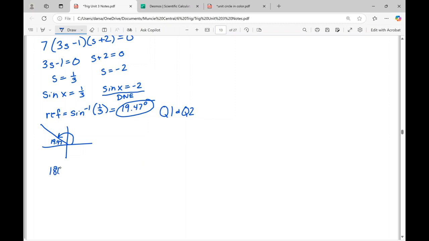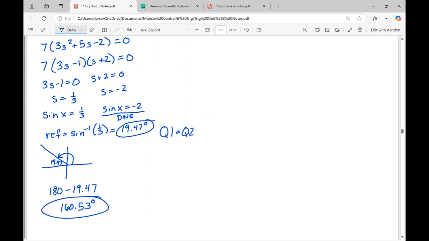So we're going to take 180 and we're going to subtract 19.47, and that will give us an answer of 160.53 degrees. So our two answers that come out of this question are 19.47 degrees and 160.53 degrees.